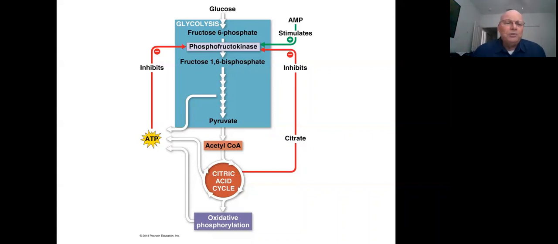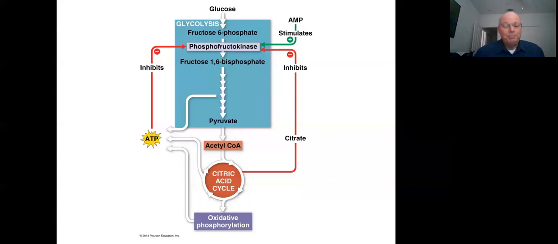And so if you want to slow down or stop or speed up cell respiration, that's the step to focus on. Because you can either prevent cell respiration or slow it down by downregulating the enzyme at that step, or you can speed things up by upregulating that enzyme, because that's the key step in cell respiration. So not surprisingly, the inhibitors of that enzyme turn out to be products associated with cell respiration.